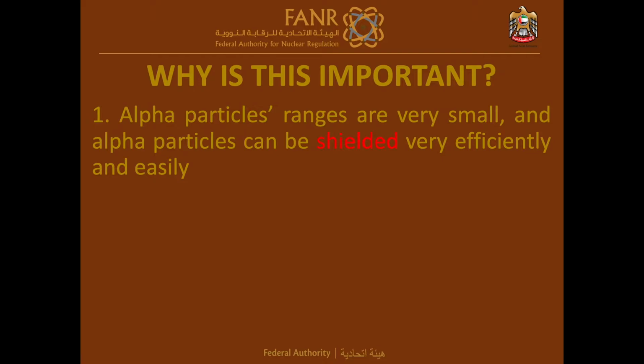You may remember that just a few centimeters of air represent a range, even for the more energetic alpha particles. Just a few millimeters, sometimes less, micrometers of water can stop alpha particles. And we demonstrate very often in these experimentations that a sheet of paper is enough to stop alpha particles.